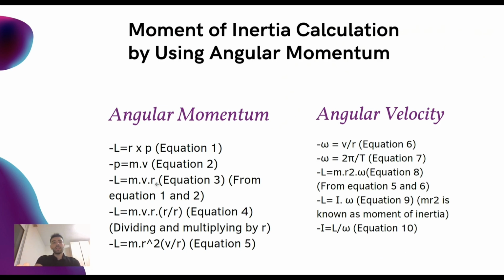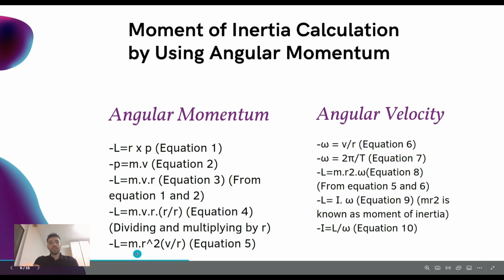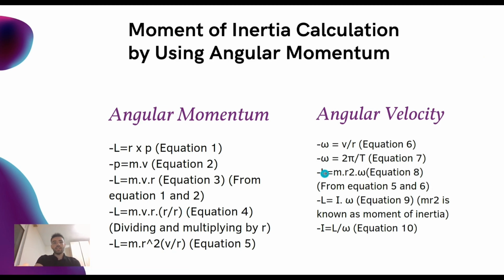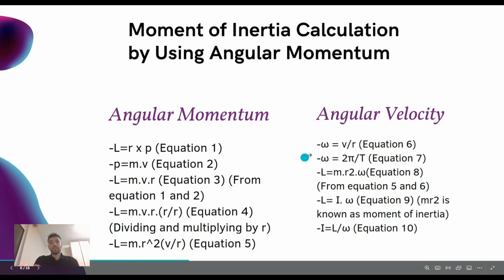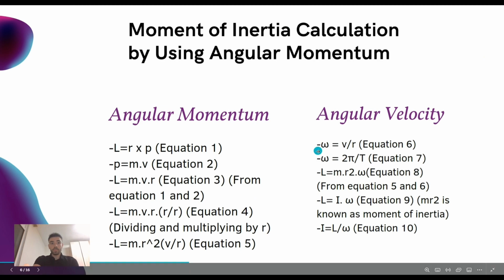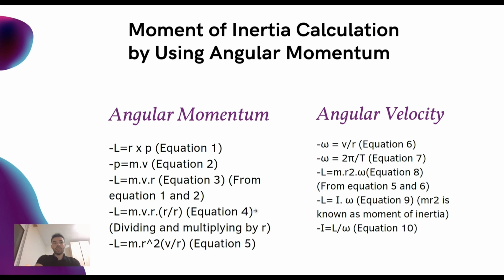If we divide and multiply this equation by radius, we get mr² times velocity over radius, and we know that velocity over radius is equal to angular velocity, and mr² is equal to moment of inertia, the general equation of the moment of inertia. So we get this equation: angular momentum is equal to moment of inertia times angular velocity, which I will be using to calculate the amount of moment of inertia.